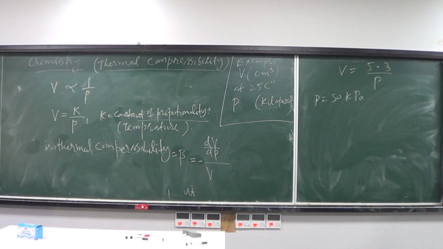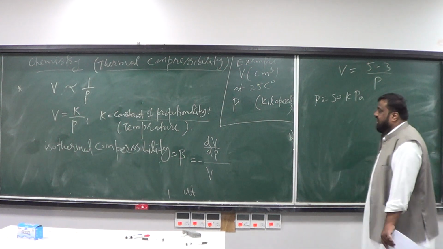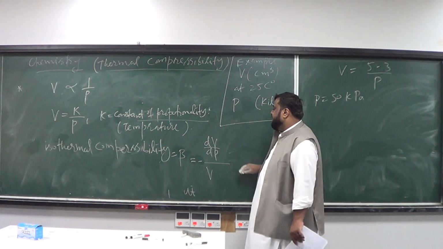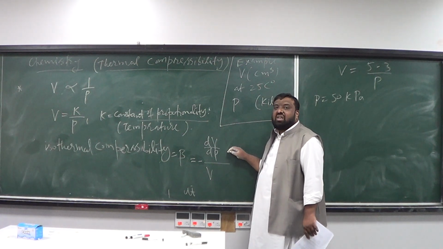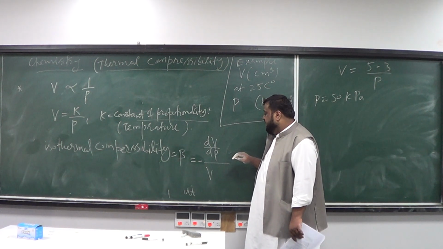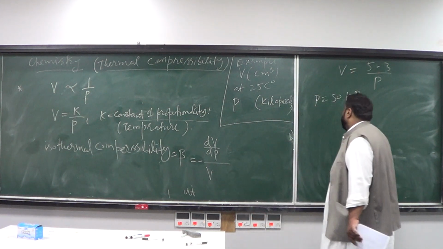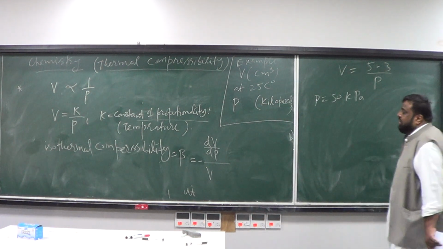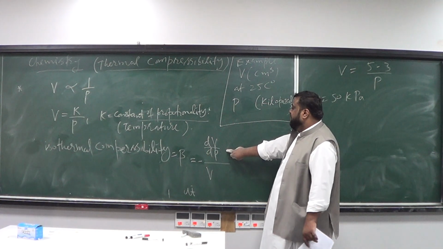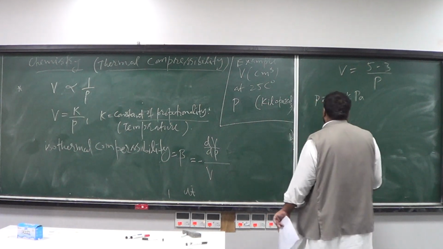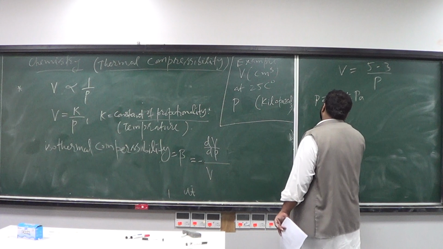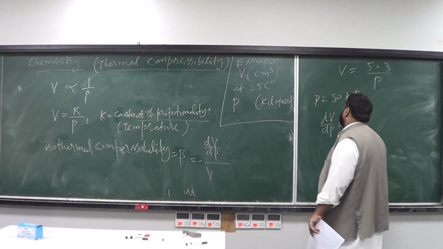So I want to know how fast the volume of air at 25 centigrade decreases when the pressure is 50 kilopascal. For this you need to compute the change in V with respect to P and substitute it into the formula. So what would be dV by dP?